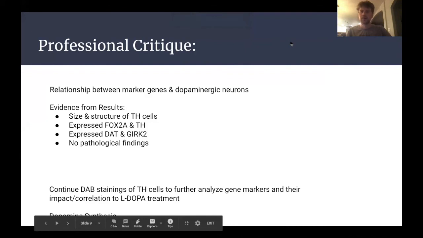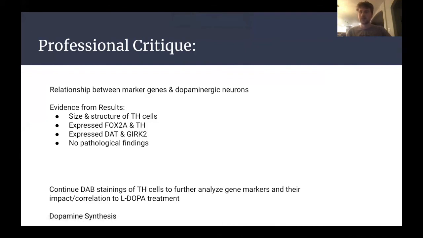So our group would support the conclusion that further examination of TH cells through DAB staining reveals a correspondence between the marker genes obtained from the surviving grafted cells and the dopaminergic neurons acquired from the human iPS cells.